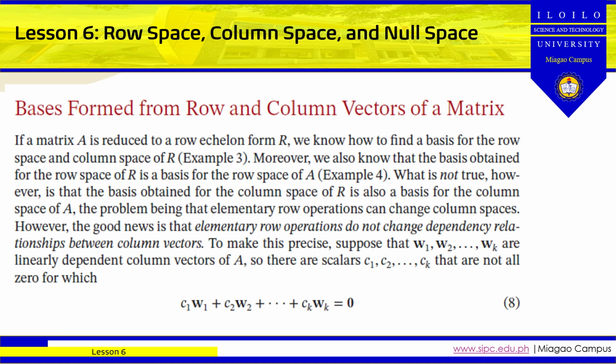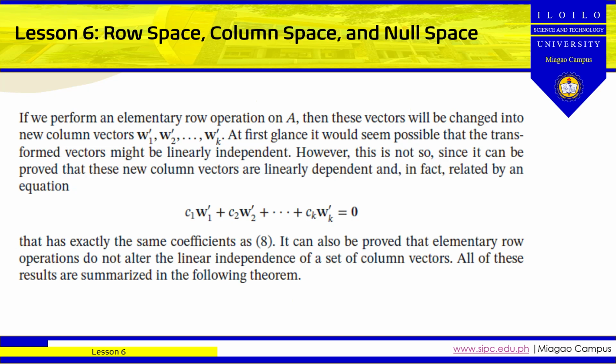The good news is that elementary row operations do not change dependency relationships between column vectors. To make this more precise, suppose that W sub 1, W sub 2, ..., W sub k are linearly dependent column vectors of A. So there are scalars, not all 0, for which C sub 1 times W sub 1 plus C sub 2 times W sub 2 plus ... plus C sub k times W sub k is equal to 0.